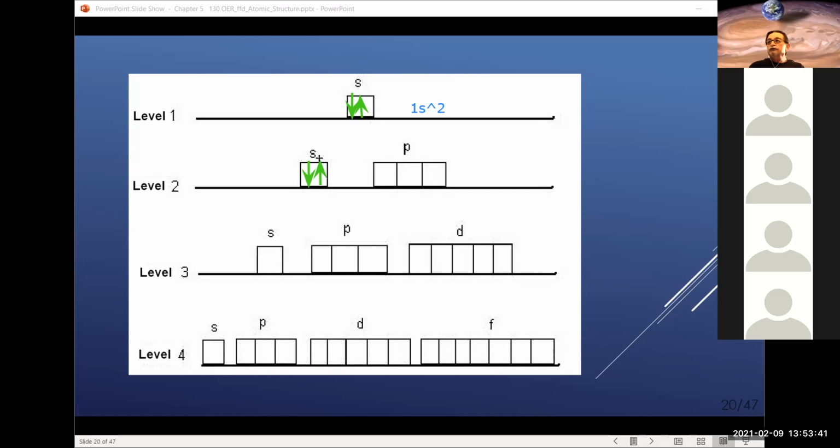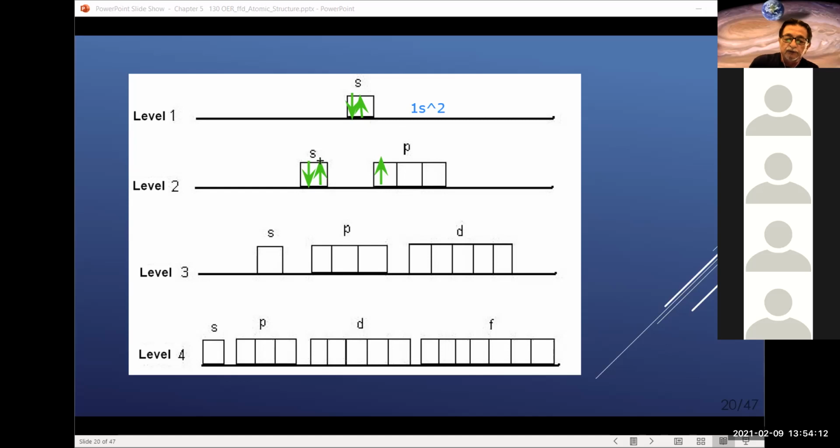Now shoot across to boron. Boron has 5 electrons. As I go across the periodic table, that's where the P's start. So now I can only put 1 electron. Element number 5, which is boron, has 5 electrons. Of those 5 electrons, 2 of them are in level 1, in the 1s2.